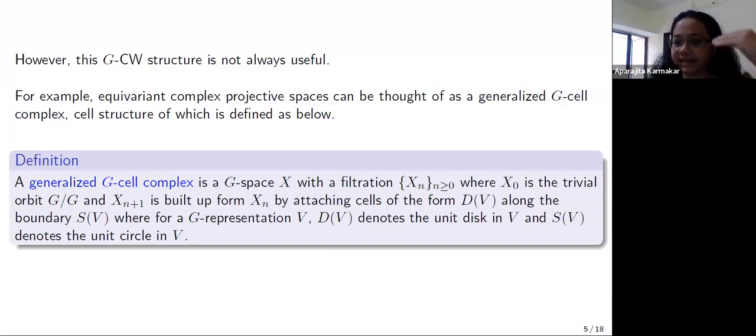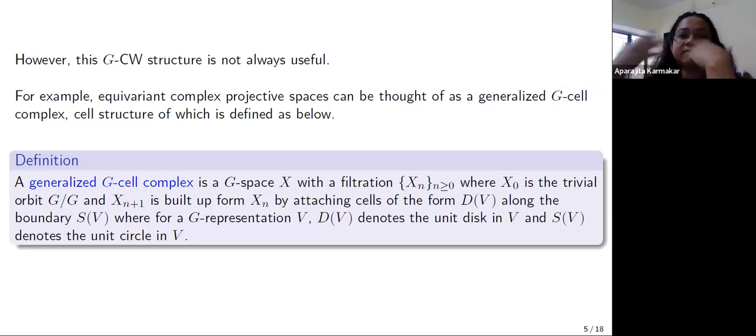It's a G-space X, again with a filtration X_n, where X_0 has only one orbit, that is G/G, and X_{n+1} is built up from X_n by attaching cells of the form D(V) along the boundary S(V), where for a G representation V, D(V) denotes the unit disk in V, and S(V) is the unit circle in V.